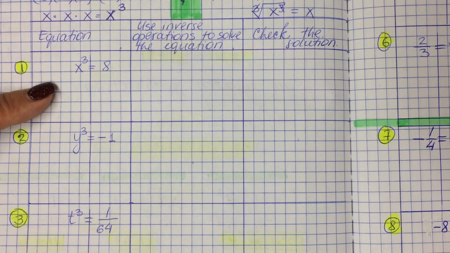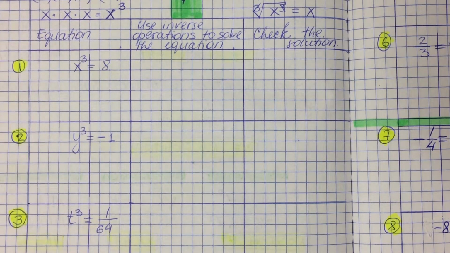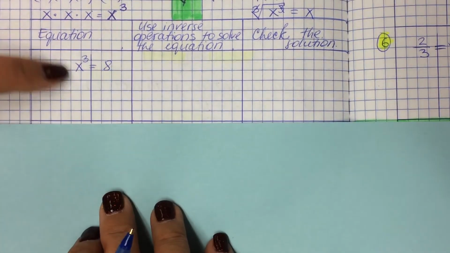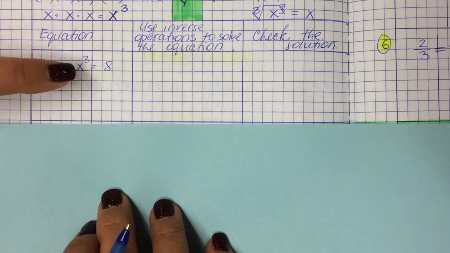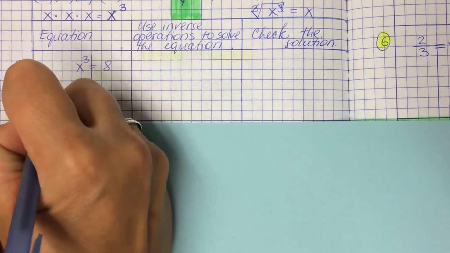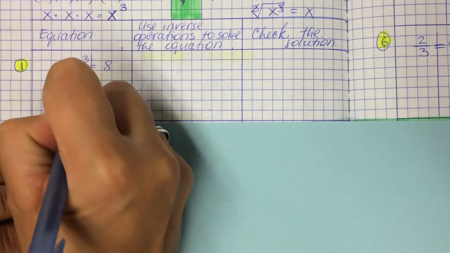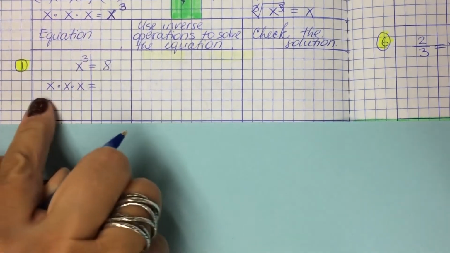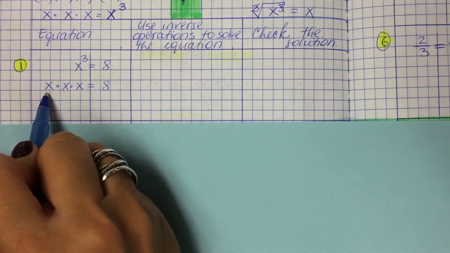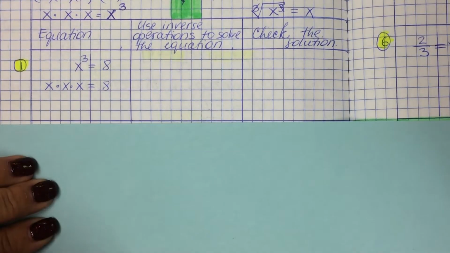First equation, x to the third power equals 8. Let's see how to solve that one. The meaning of the equation is what number multiplied by itself 3 times equals 8. In other words, what number times what number times what number, and they're all of the same kind, will equal 8. 2 times 2 times 2 is 8.